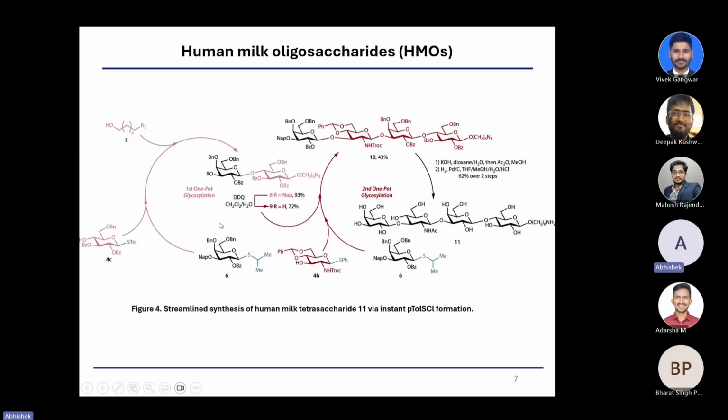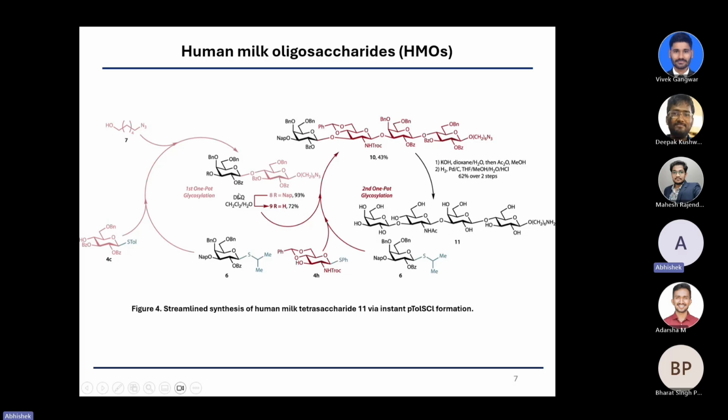If we look at this streamlined synthesis of a human milk tetrasaccharide by instant para-toluenesulfonyl chloride, this thioglycoside 6 was activated with para-toluenesulfonyl chloride, followed by addition of thioglucoside 4C to form a thiolactoside, which was then reactivated with 6-azidohexanol, which caps the reducing end to form this disaccharide in 93% yield.